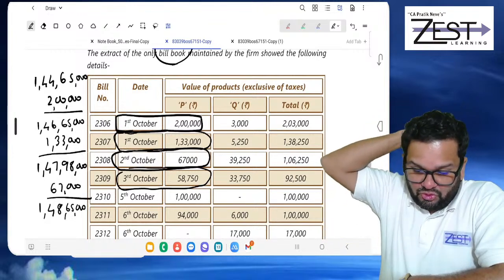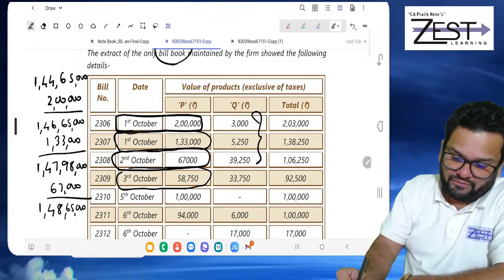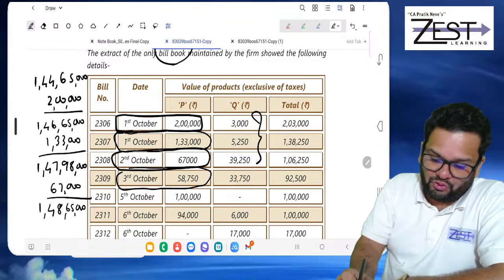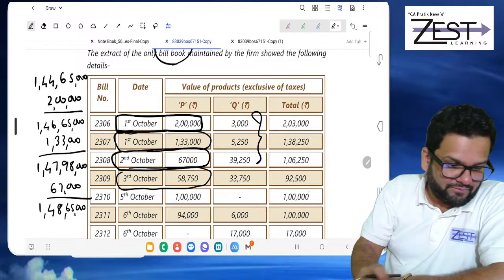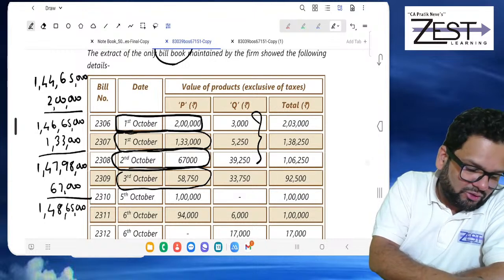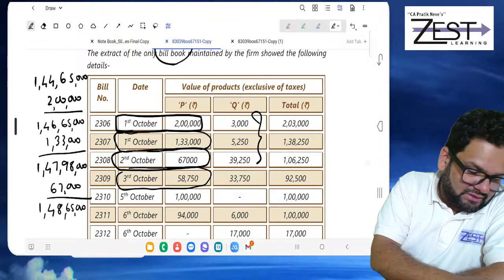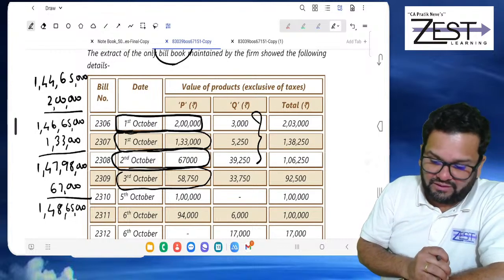But you should take off these also, no? Q also. Oh, I should take off Q also. Fine. Take off Q also. 3,000 plus 5250 plus 39,250. 47,500.